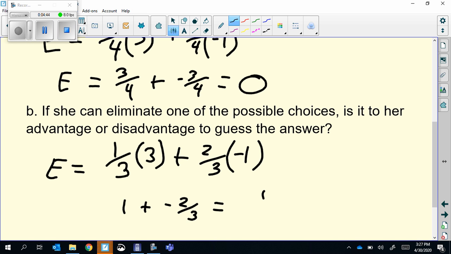Subtract that, you get 1/3. So it's positive, so that means every time she's able to eliminate one, she has the expected value of getting 1/3 of a point. So it is an advantage to guess, yes.